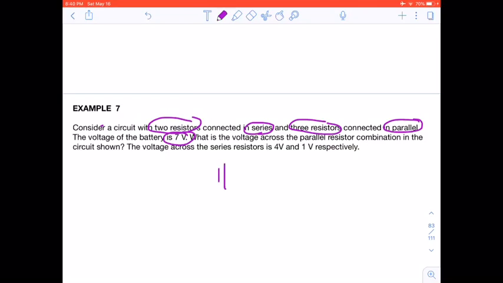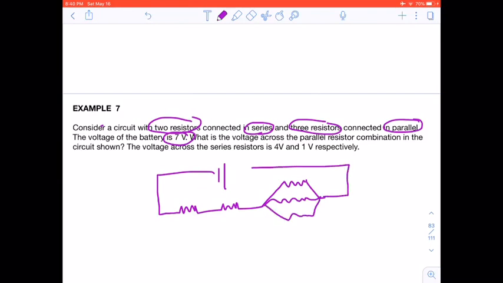We have two resistors in series, and then three resistors in parallel, and here we have 7 volts.